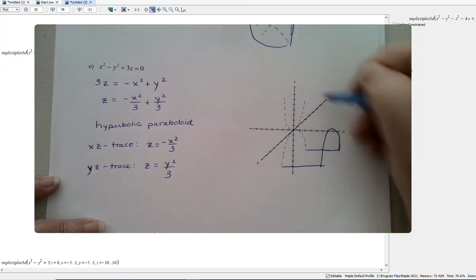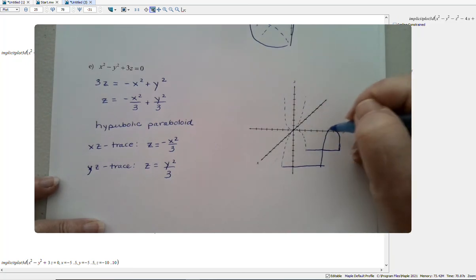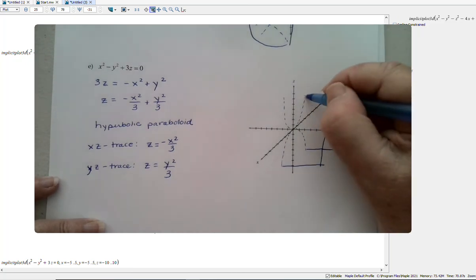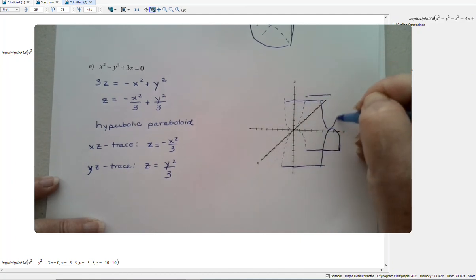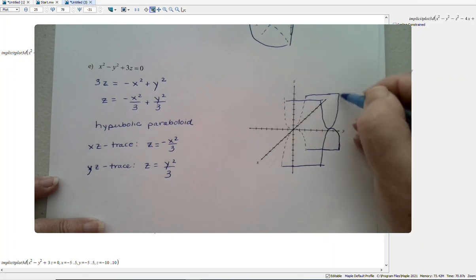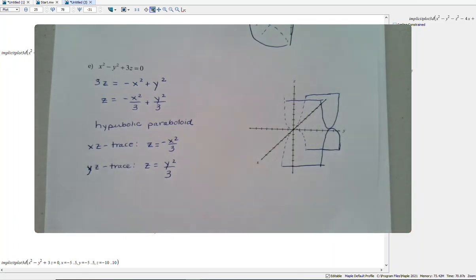And then here I'm going to continue to have the right side up ones.